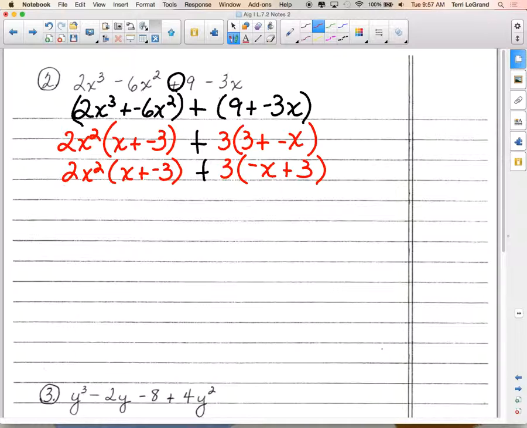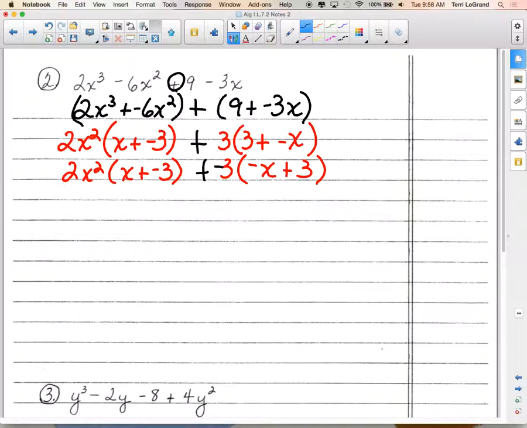Could you change the GCF of the first one to a negative and then change that x from negative x to positive? You could, but the more sensible thing to do is let's do it to the second group instead. Let's make the second group's GCF negative 3 instead of positive 3.